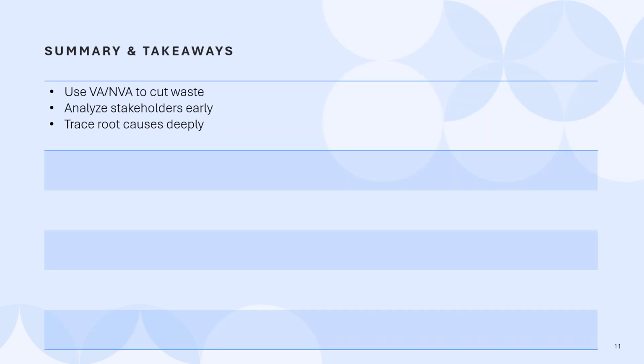To quickly summarize, we explored the key qualitative tools like waste analysis, value added analysis, and root cause techniques. These help us understand and improve business processes beyond what the numbers show. And also we can eliminate waste, involve the right people and fix the core problems with this qualitative process analysis.